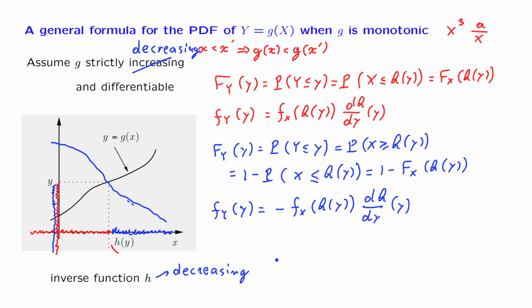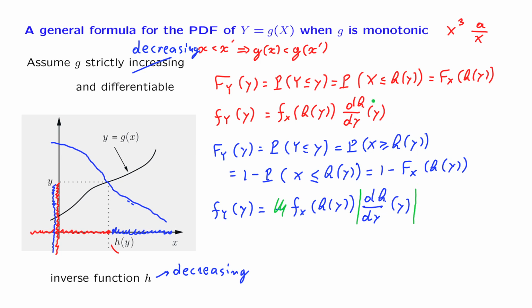Since it is decreasing, the slope, the derivative of the function h, is going to be either 0 or negative. And so minus a negative value gives us the absolute value of that number. So we can rewrite this by removing this minus sign here and putting an absolute value in this place.